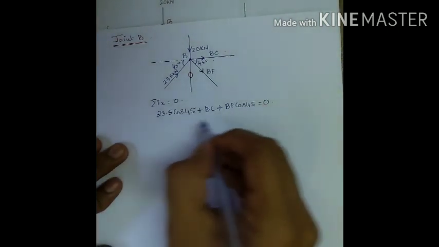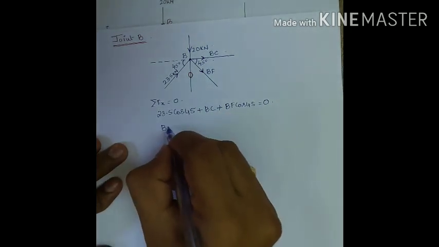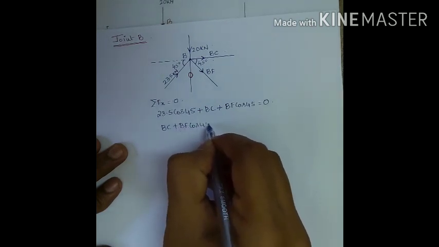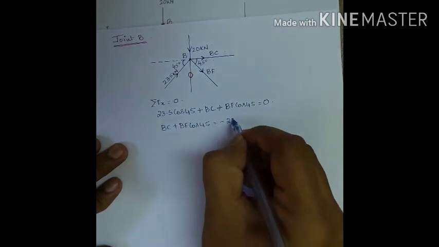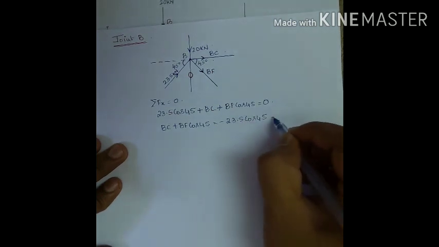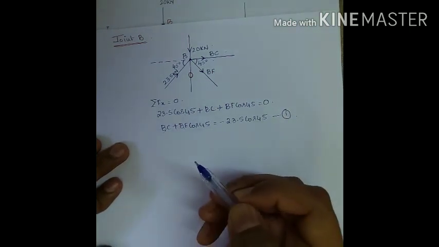There are two unknowns, so what I'll do is BC plus BF cos 45 is equal to minus 23.5 cos 45. I'll keep this as a question mark because still there are two unknowns.